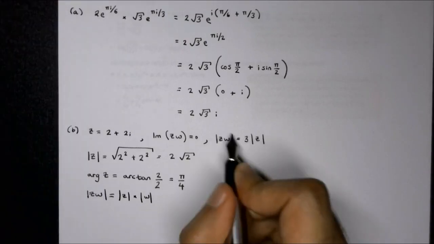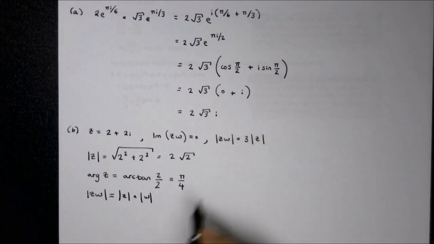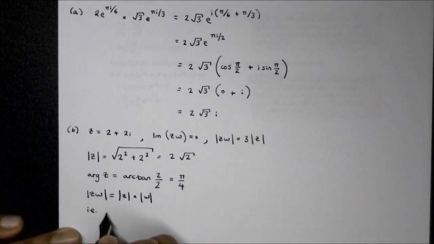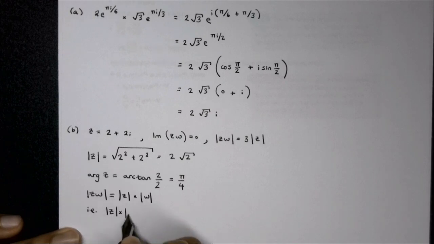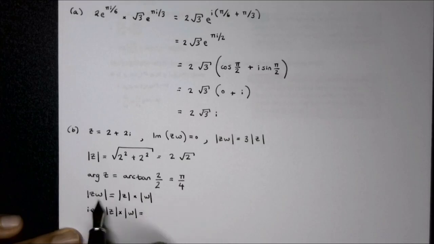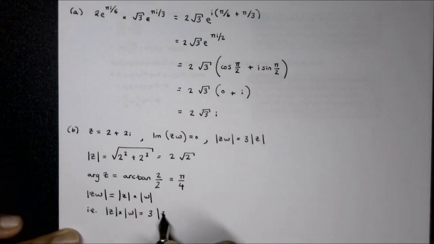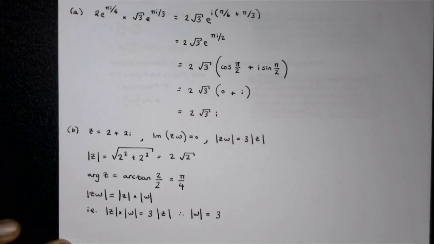And we know that this result is equal to 3 times the modulus of z. So we have the modulus of z times the modulus of w, which is the same as the modulus of zw. This is equal to 3 lots of the modulus of z. In other words, the modulus of w is equal to 3. Now, what does this mean over here?